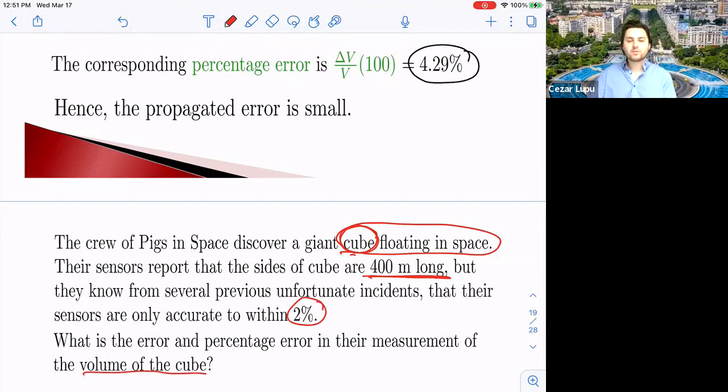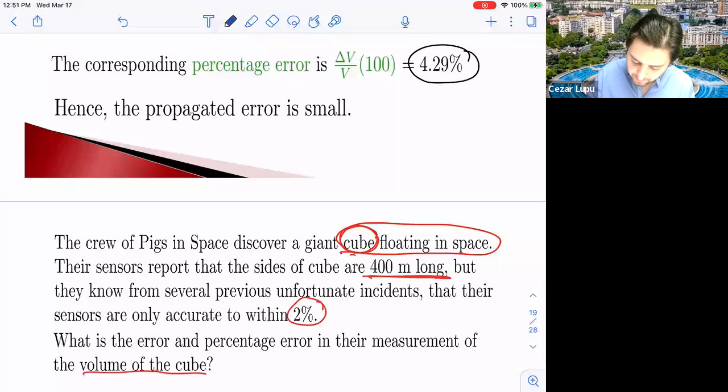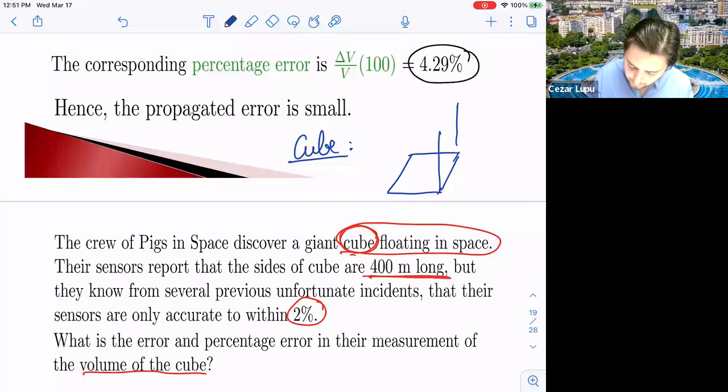First of all, I'd like to ask you, what is the volume of a cube? So what is a cube? Let's draw a cube here. A cube is something like this. All the side lengths are equal. Let's say all of them are x. Everything is x.